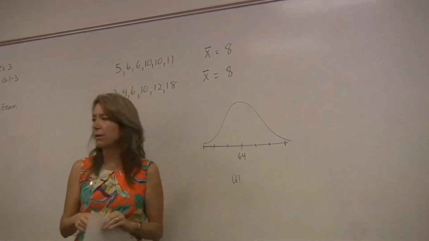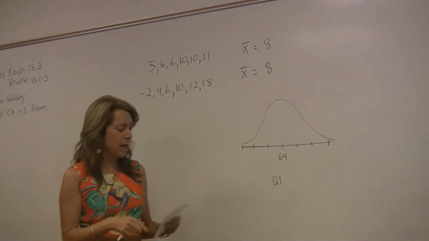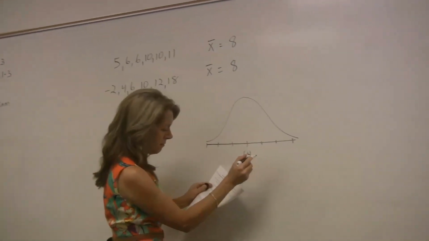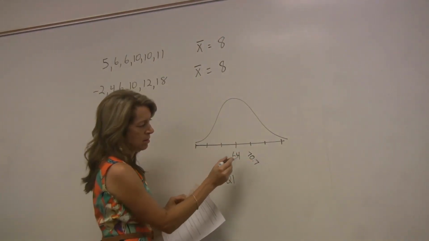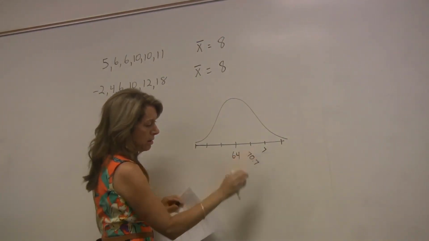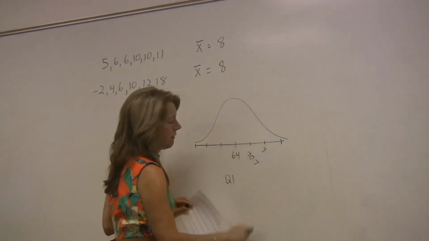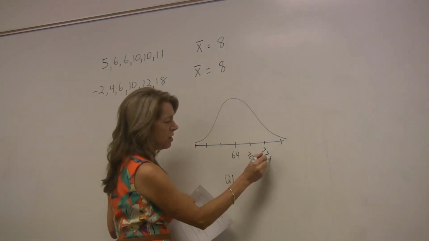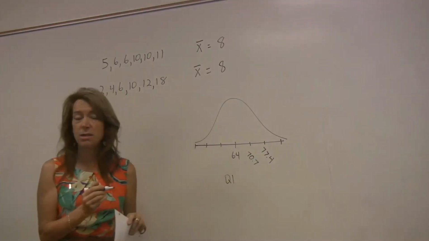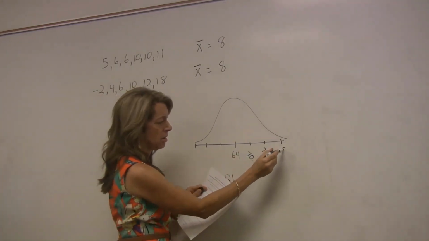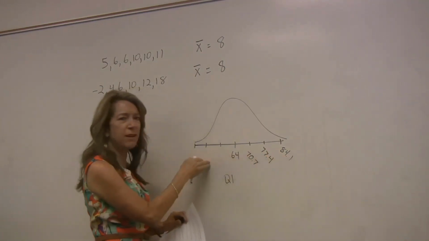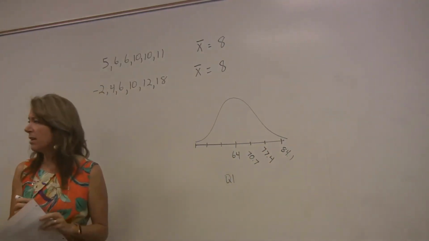I just marked the first 3. So when I add 6.7, I get 70.7. What's that going to be? 77.4. Trusting you in my head. What's the next one? 84.1. I could keep filling these in, but what number am I interested in?